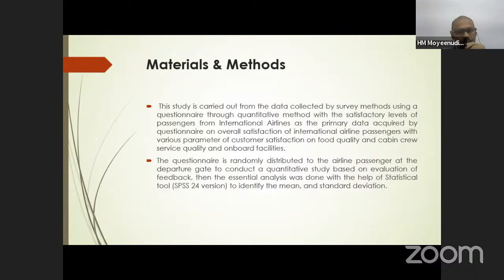The questionnaire was randomly distributed to the airline passengers at the departure gate to conduct a quantitative study based on evaluation of feedback. Thus, the analysis was done with the help of a statistical tool, SPSS version 24.